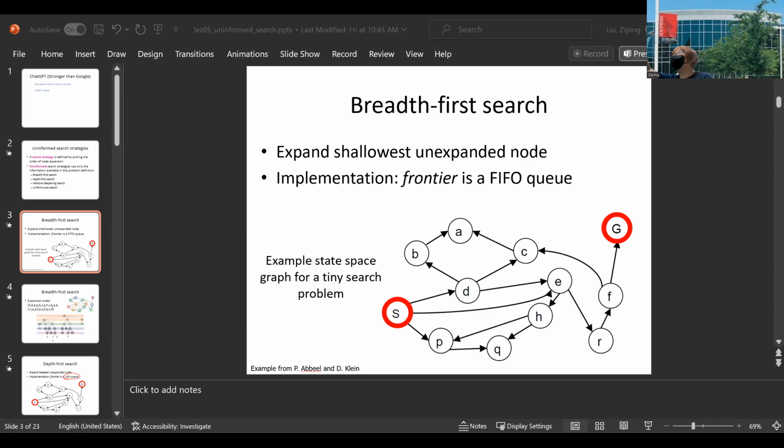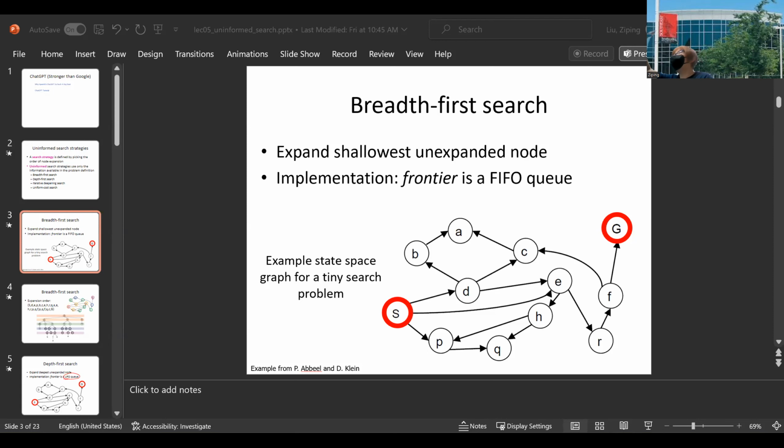You get B out and expand B, so you add A to the top. A doesn't have a downward link, so you pop it out and go back to the stack.